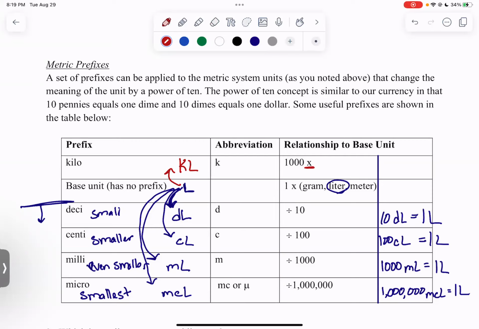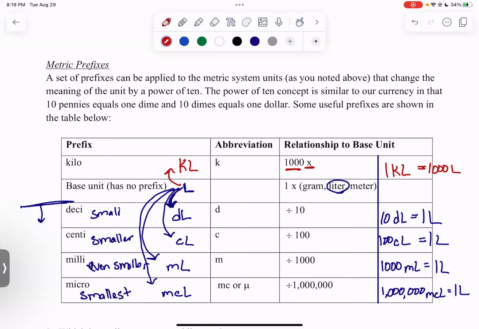So that's telling me that a kiloliter is huge compared to a liter. So now I'm going to have to rearrange that. I'm going to have to say in 1 kiloliter, I have 1,000, that's what this number is telling me, liters. So it's really important that you understand this table so that you can use it well.